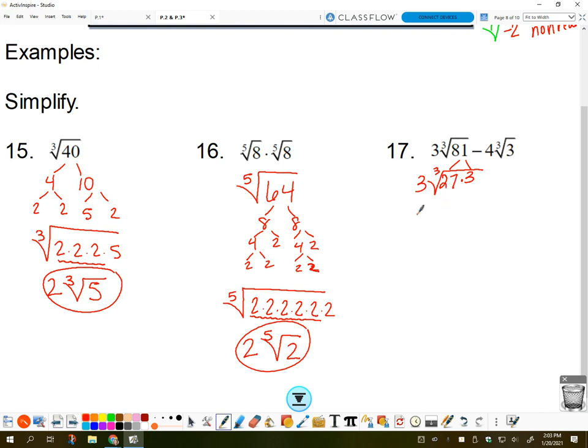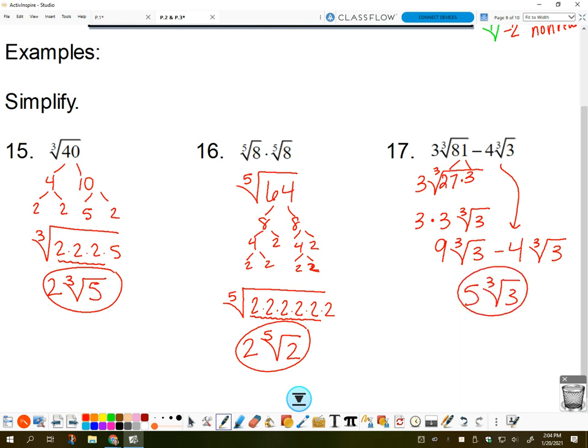So we're going to have the 3 from outside. We're going to have the cube root of 27 is just 3. And then we have the cube root of 3. Holy mess, that's a lot of 3's. So that becomes 9 cube root of 3. Bring this guy down, minus 4 cube root of 3. So that's 9 minus 4, 5. So you have 5 cube root of 3 as your answer.